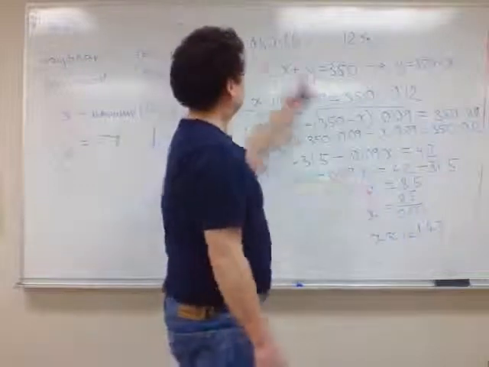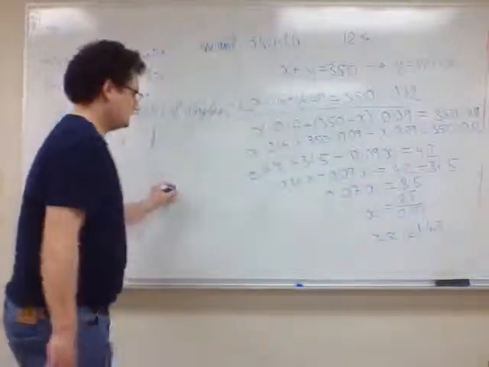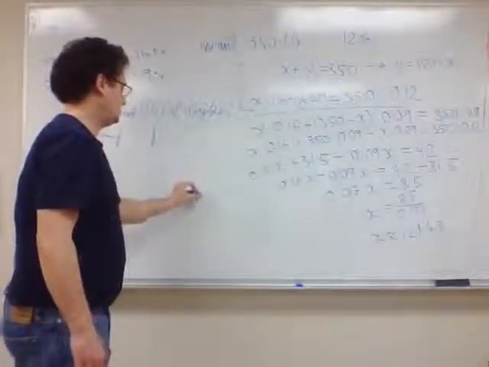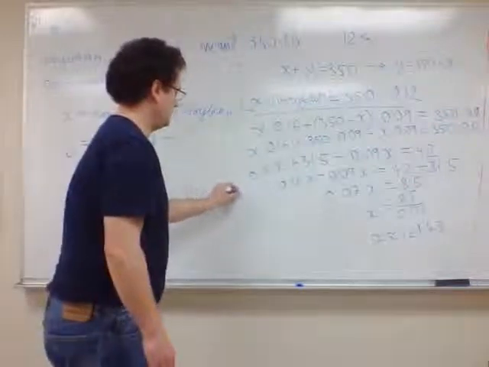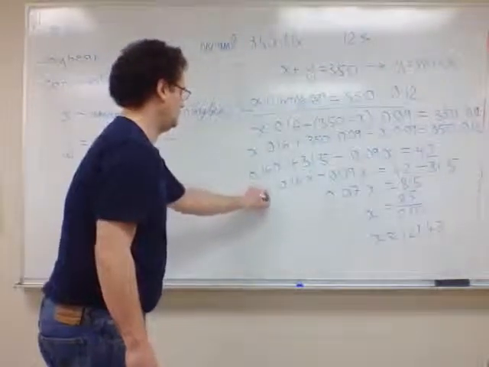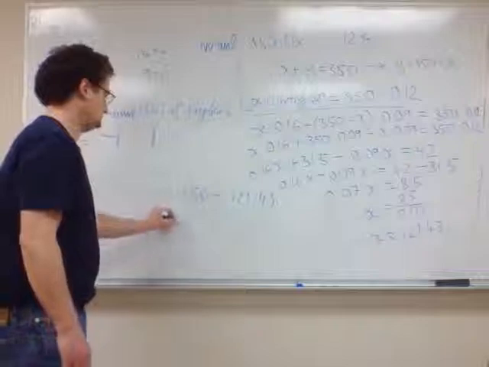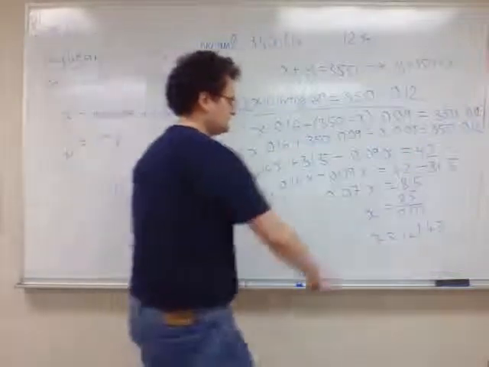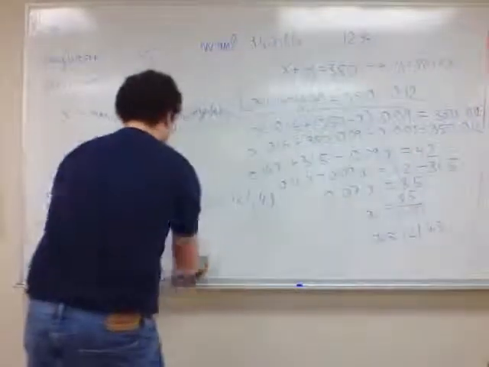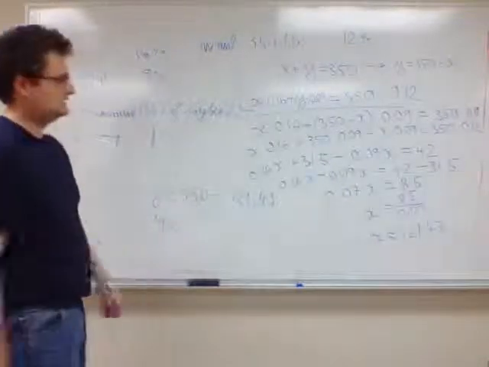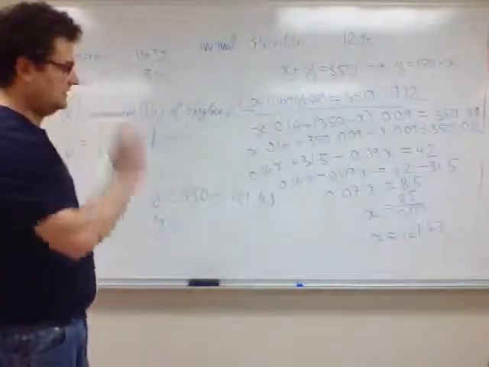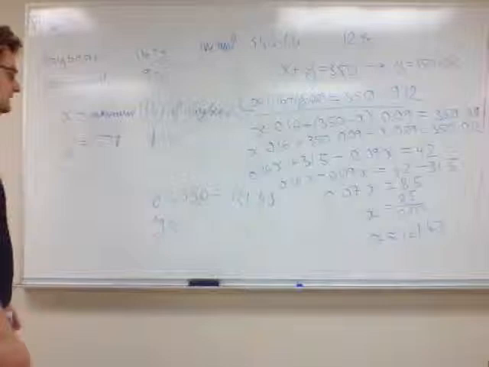So y should then be, the requirement demanded me to get 350. So y should be 350 minus 121.43. So y should be, this is again approximately, it's not exact, but it's accurate enough.